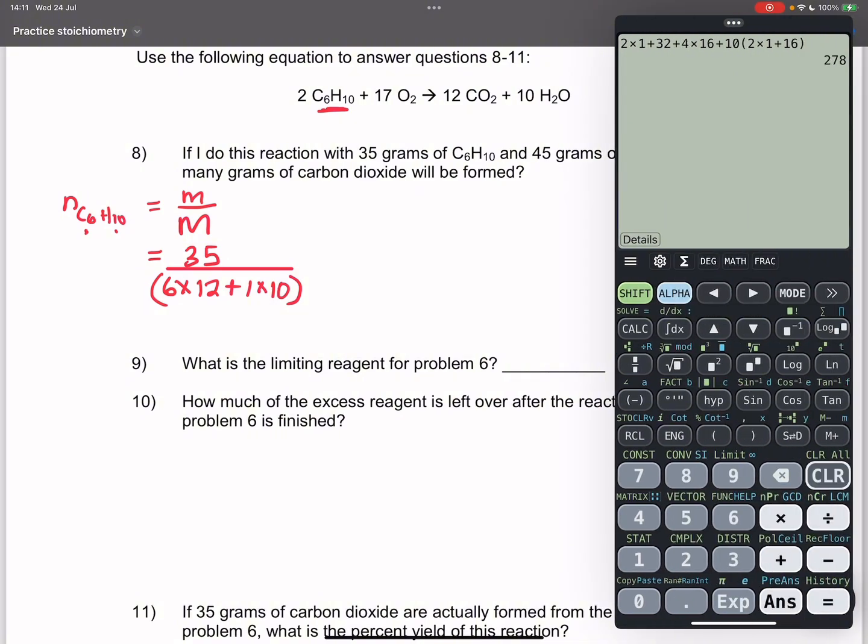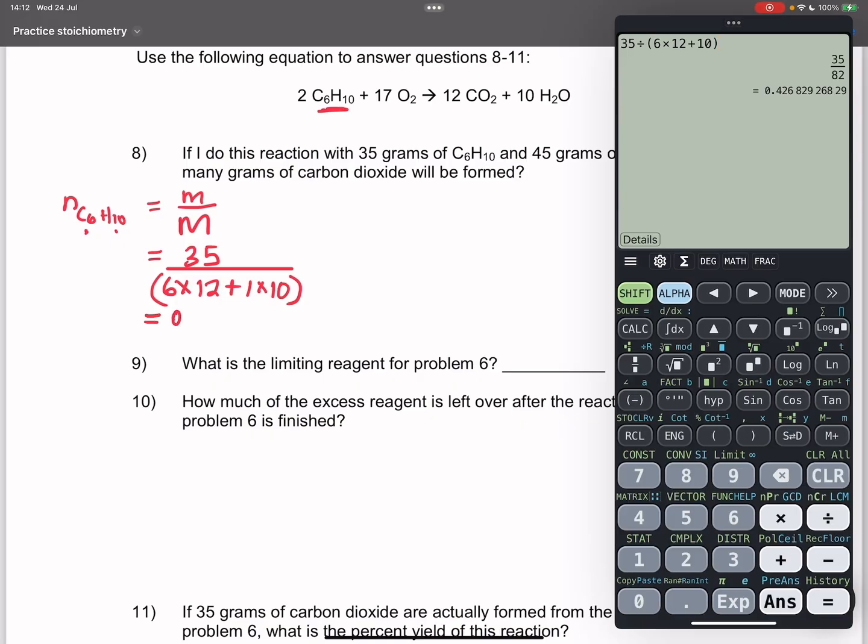We've got 35 divided by 6 times 12 plus 1 times 10. I get 0.4, and I'm going to round off and say this is 0.43, just to make it easier for us.